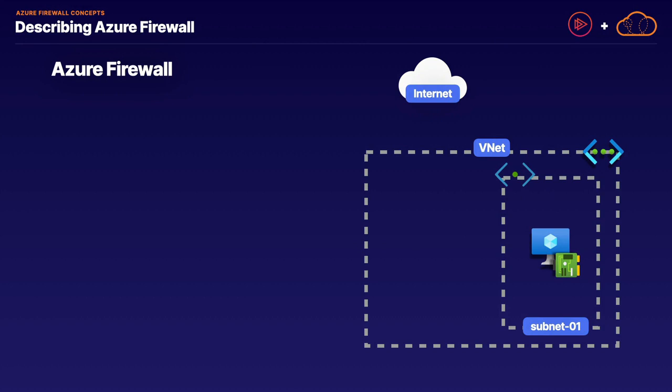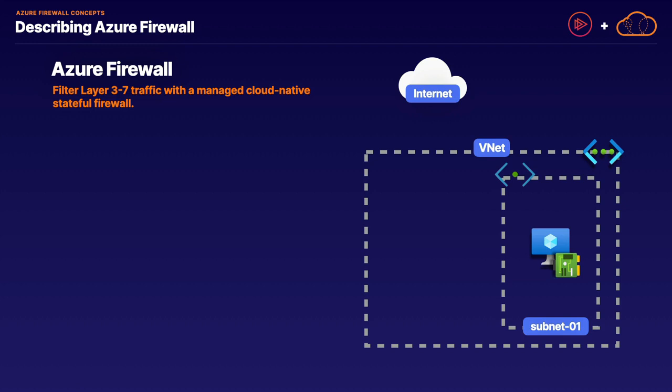Azure Firewall is our firewall as a service solution that is designed for filtering layer 3 through layer 7 traffic, and it is a stateful firewall that we have inside of Azure, meaning that if traffic is allowed inbound or outbound, the return traffic is also allowed.